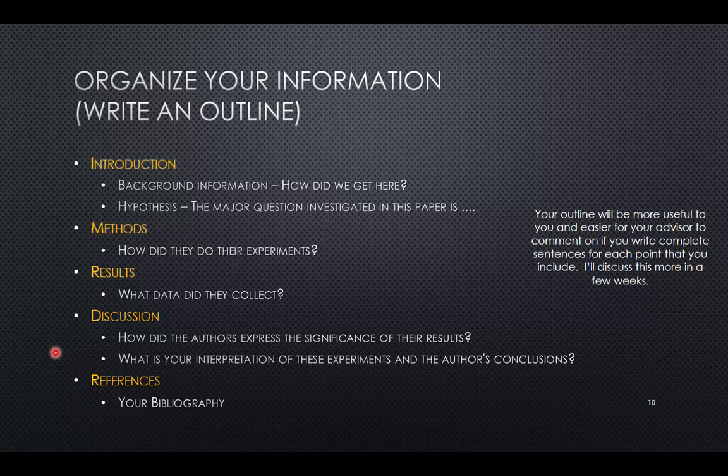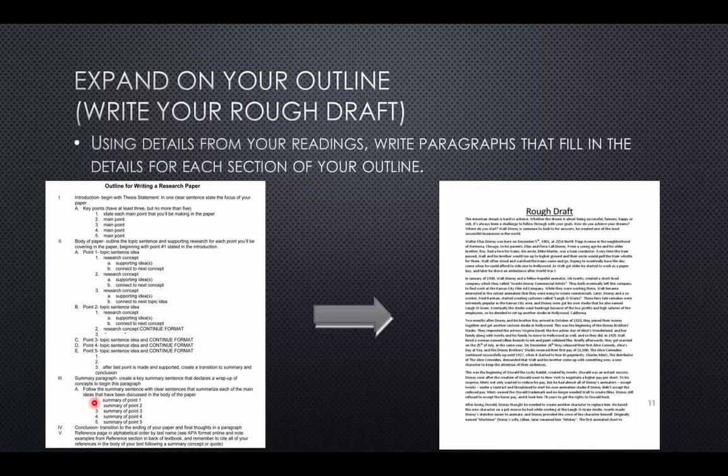If you write a very good outline, it makes it much easier to write your rough draft because you just go to each section of the outline, you look at what you've put as the content for that section, and you start to write paragraphs and sentences that will provide that content. Once you have an outline, the next job is then to convert it into a rough draft.